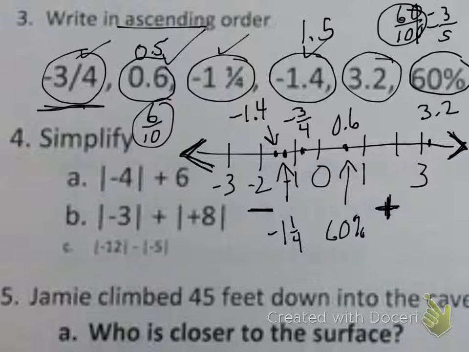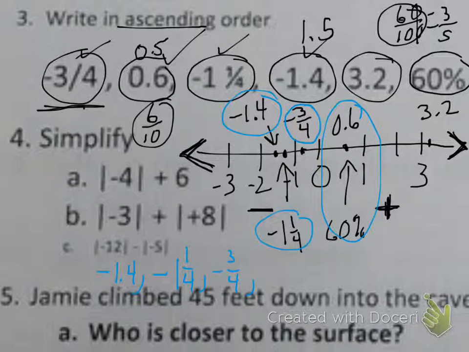So by putting it on the number line here, we actually already have these in order. So we can see our first one is negative 1.4. Our second one on the number line is negative 1 1/4. Then our next one on the number line is negative 3/4. Our next one, both of these are the same spot.